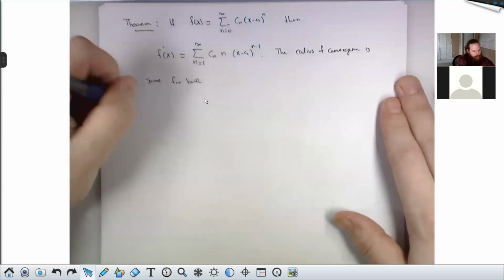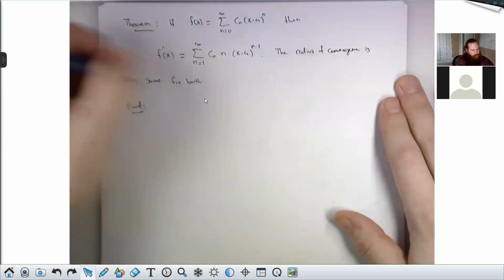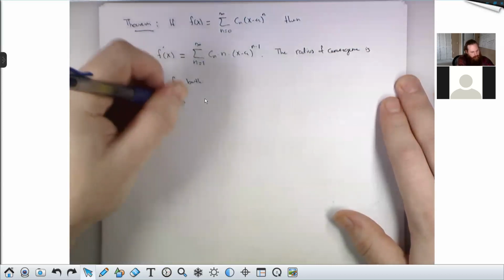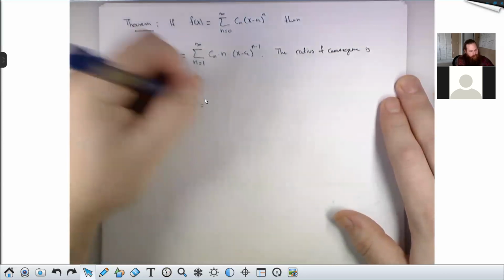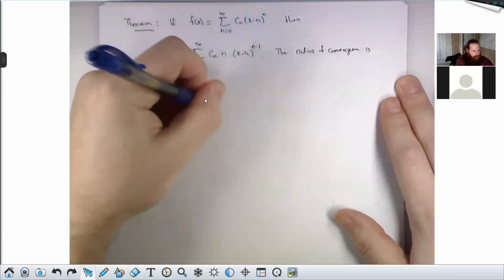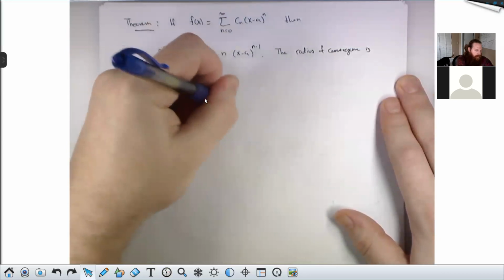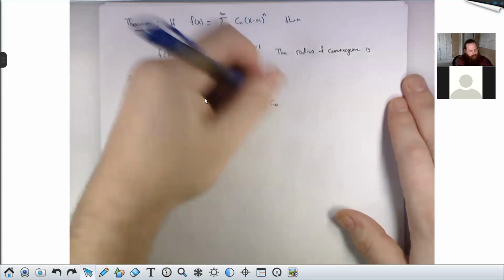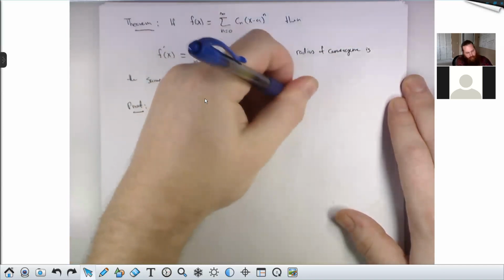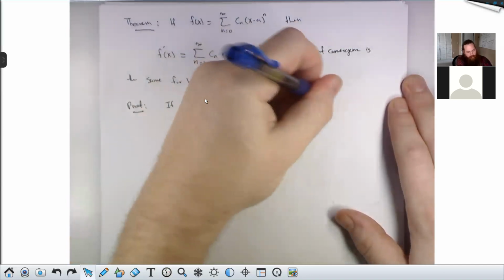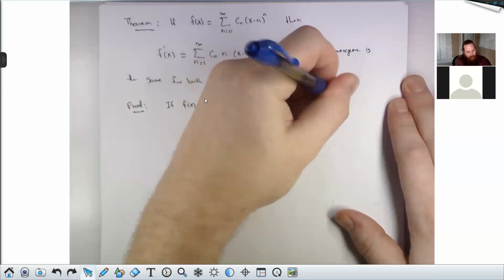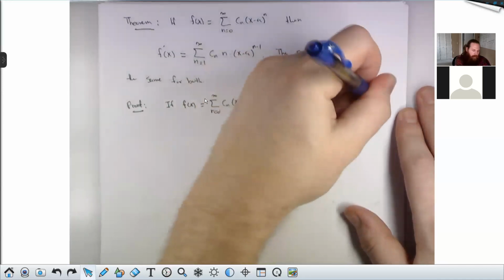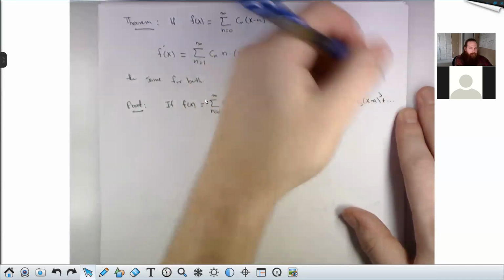So a quick proof and an example. If f of x is sigma n from 0 to infinity c_n times (x minus a) to the n, that is c0 plus c1 times (x minus a) plus c2 times (x minus a) squared plus c3 times (x minus a) cubed, and so on.